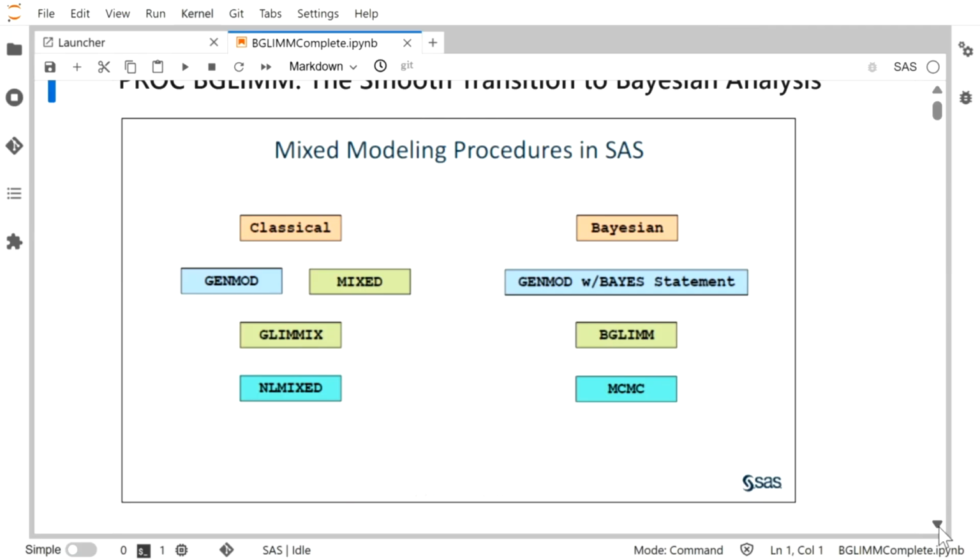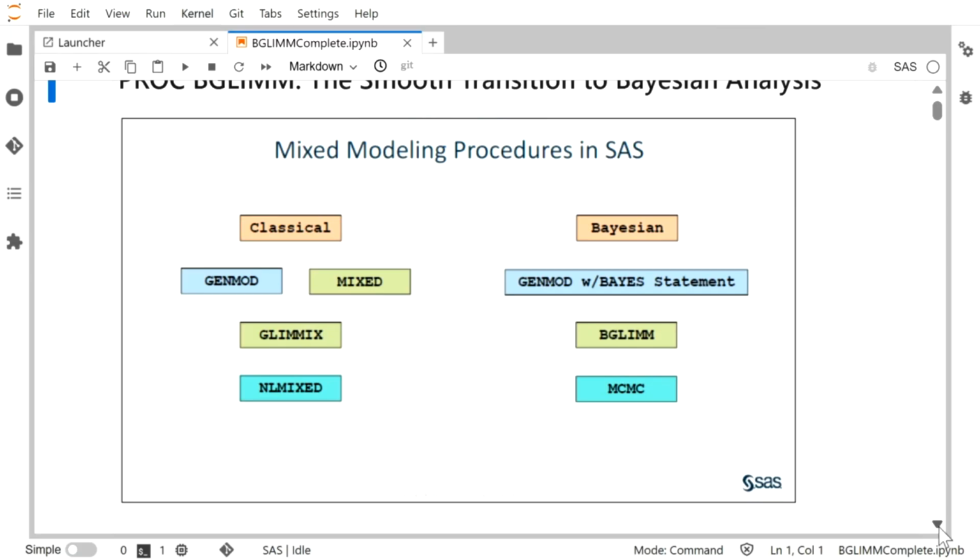Now, most people say, oh, cool, then I'll just go to PROC MCMC. Well, when you start looking at the way the code has to be written for that, there's a little bit of a learning curve. You have to get adjusted to how you need to write the code for the MCMC procedure.